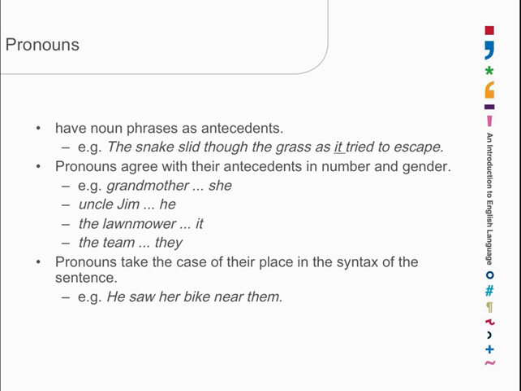All of that's impossible. And the reason is that he is in one position in the sentence, and her is in another, and them is in still another. So as well as looking at the number and the gender of the antecedent, pronouns are also sensitive to where they come in the sentence themselves. And all of these things we do with no effort at all.